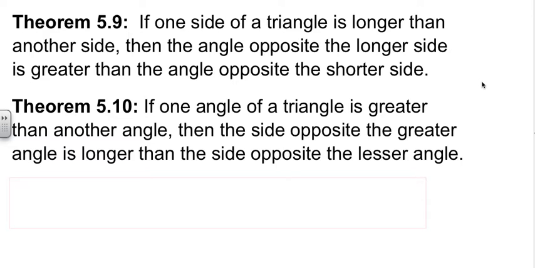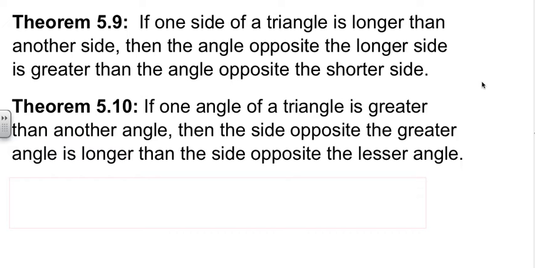Okay. Our next two theorems go together, at least in my mind. And there's going to be a lot of prepositional phrases to throw around here, but that's okay, we can handle that. If one side of a triangle is longer than another side, then the angle opposite the long side is greater than the angle from the short side.